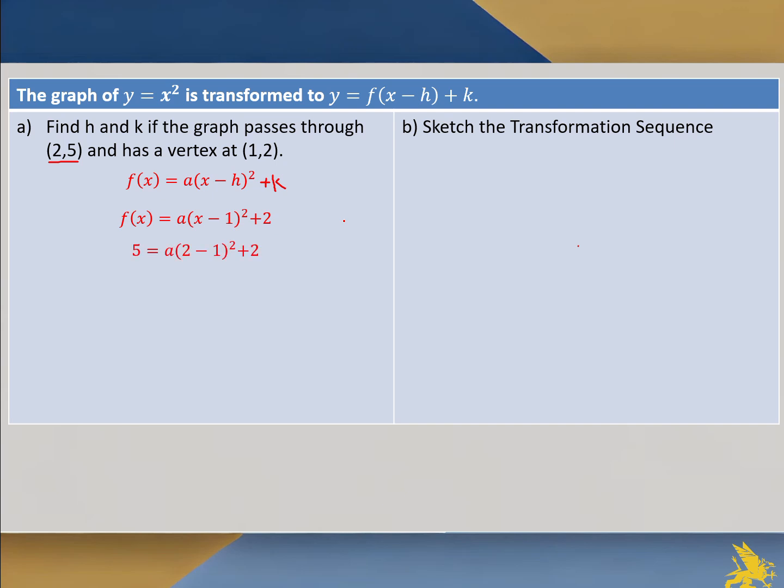Now I just need to slowly solve this. 2 take away 1 is 1. 1 squared is 1. 1 times a is a. So I'm left with 5 equals a plus 2. The next part is we need to get a by itself. To get a by itself, the first thing I do is take away 2 and I get 3.